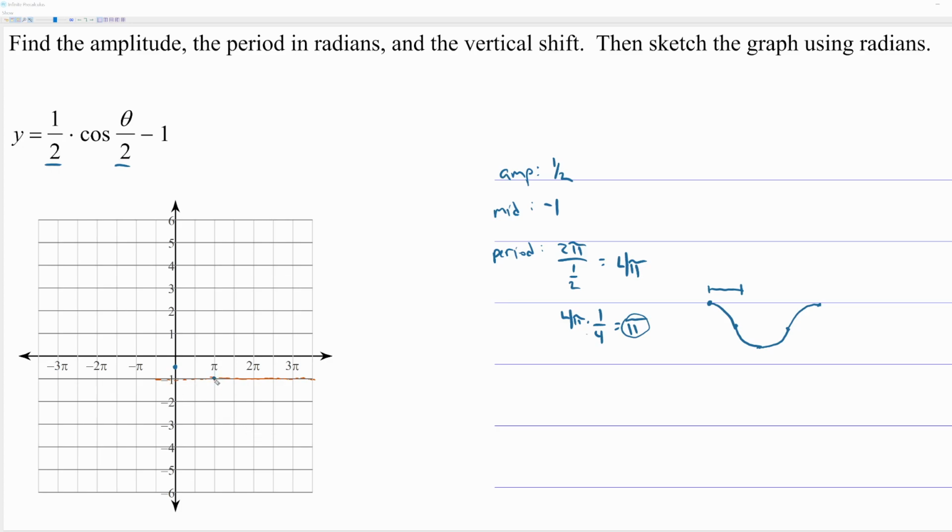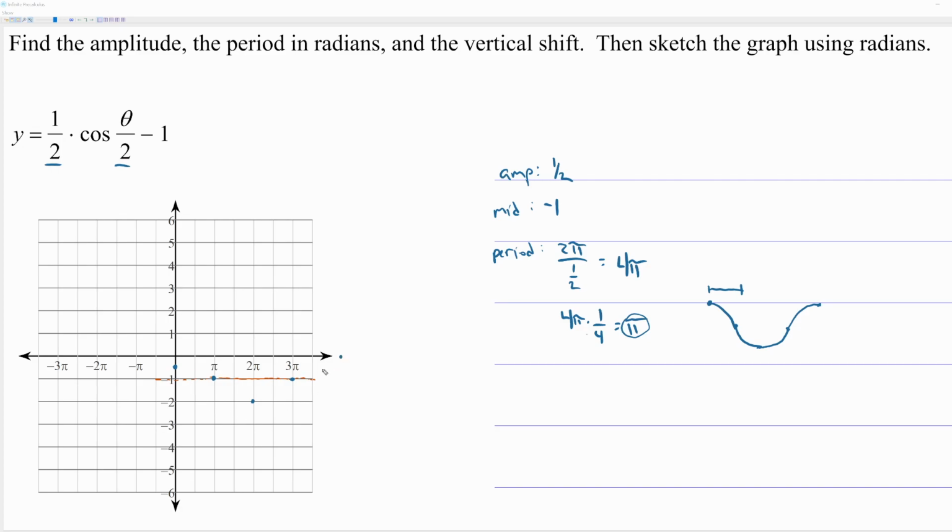So at pi, we're going to be at the midline. Go another pi, we're going to be at the minimum. Go another pi, we're going to be at the midline again. And the squares don't go over, but I can ballpark about where it's at. We'd be back at the maximum at 4 pi.